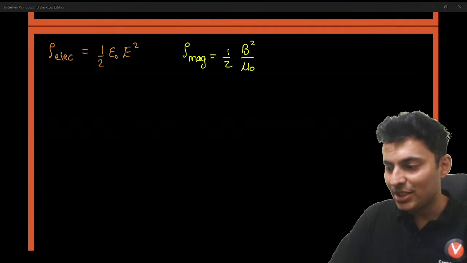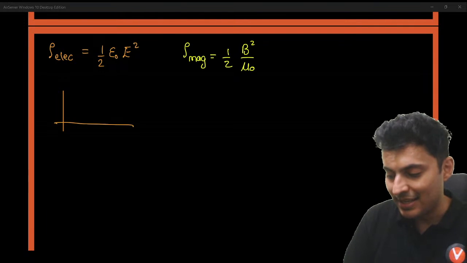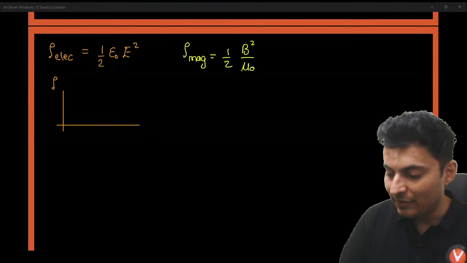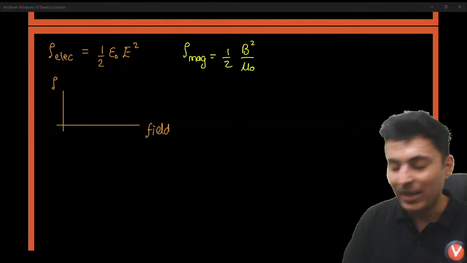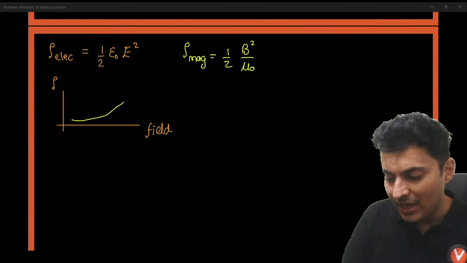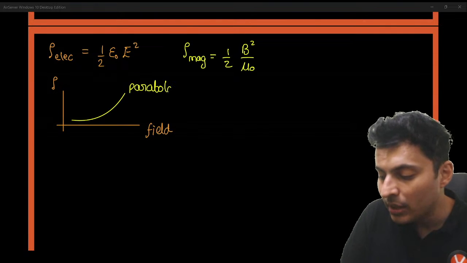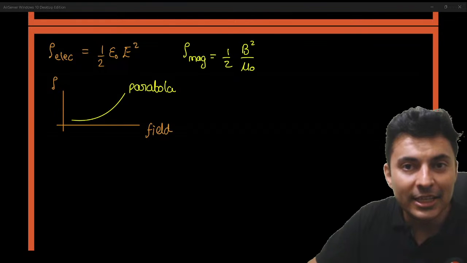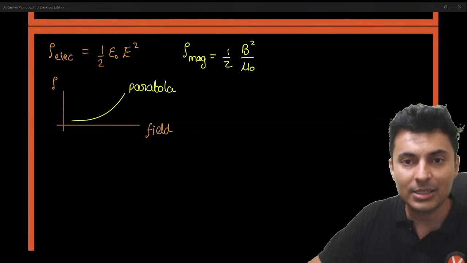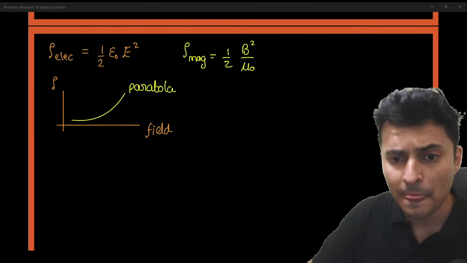In both the graphs, you will notice one common thing, that the square of the field is there. So, no matter which graph you take, for electric field or magnetic field, the graph will be a curved line and it will be a parabola with regards to energy density. Keep these things in mind. Very good. Excellent.